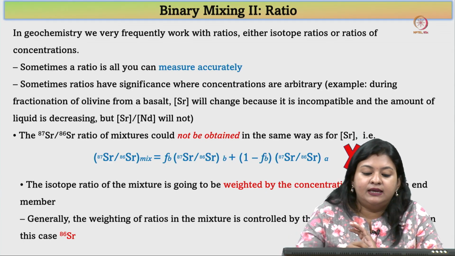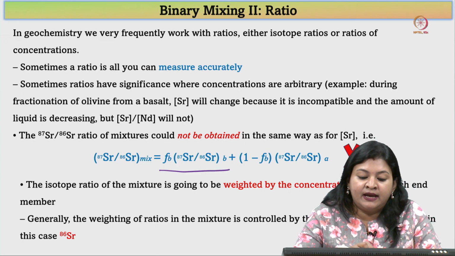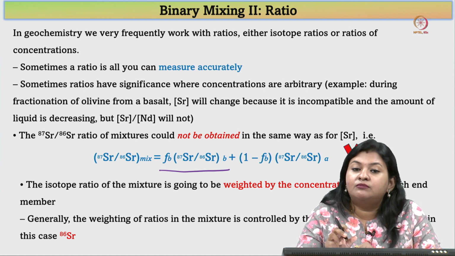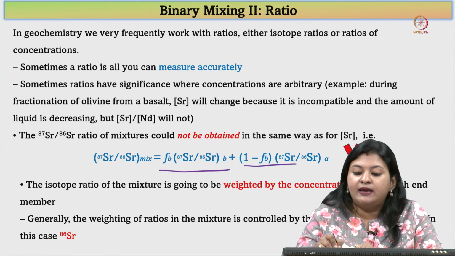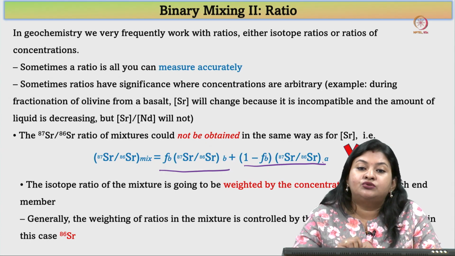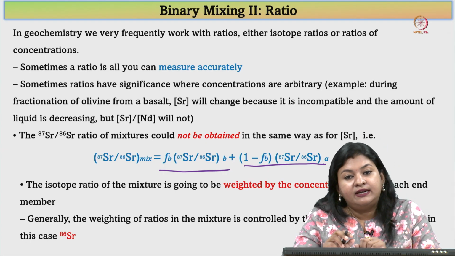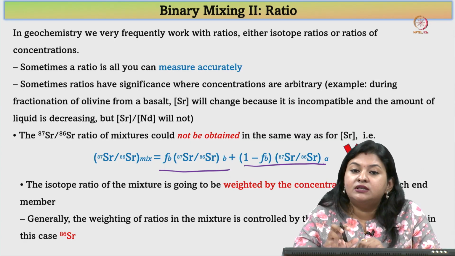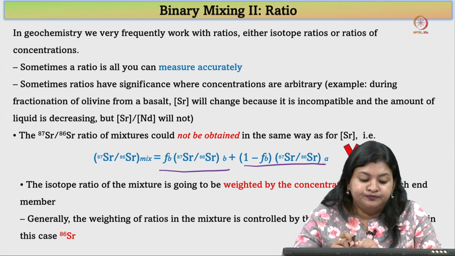That means, in this particular equation, we have to multiply the strontium isotope ratio with the strontium concentration of the source end member B, and in this we have to multiply with the strontium concentration of end member A. So, every time we use an isotope ratio, the concentration parameter also has to be taken into account.